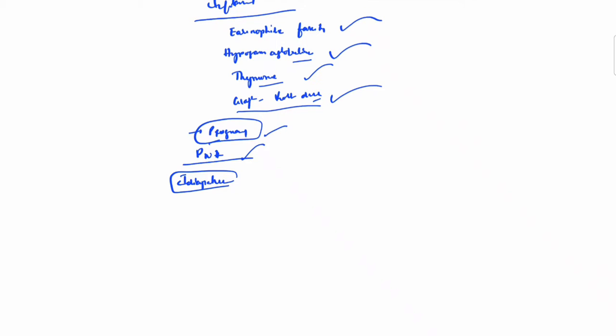And infections that are capable of causing pancytopenia, that is acquired aplastic anemia, are Epstein-Barr virus, hepatitis viruses, parvovirus and HIV.